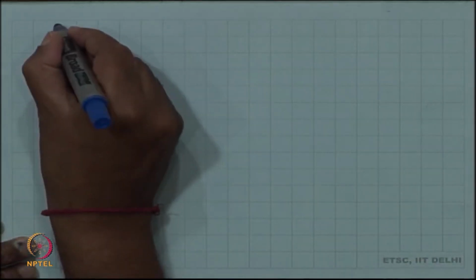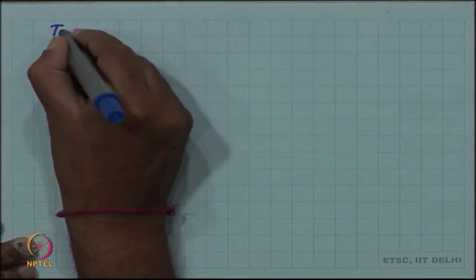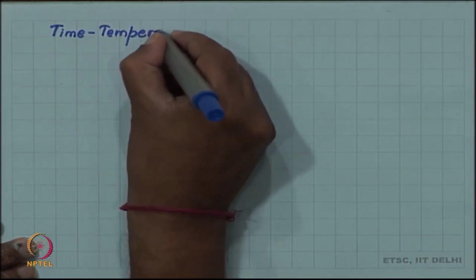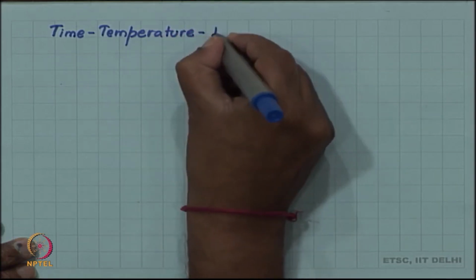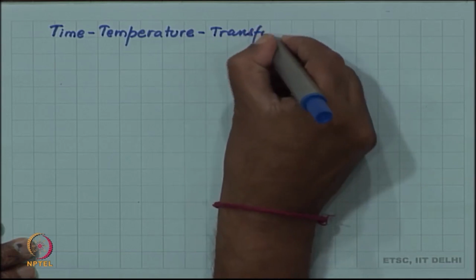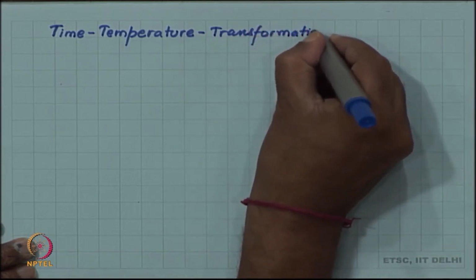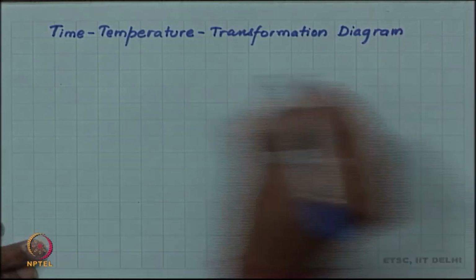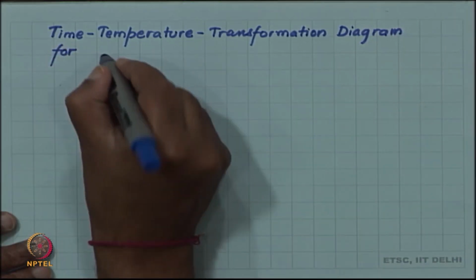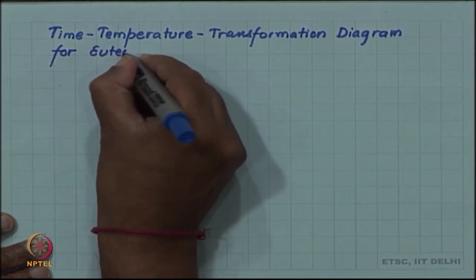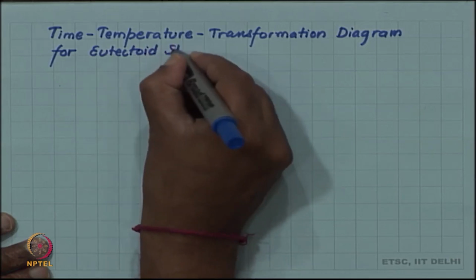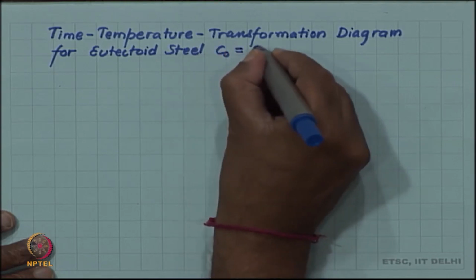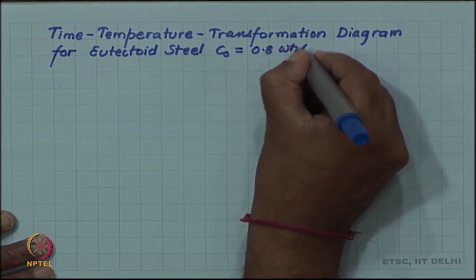So, just like we created for liquid, let us now try to create a time temperature transformation diagram for eutectoid steel, that is, the carbon concentration is 0.8 weight percent carbon.